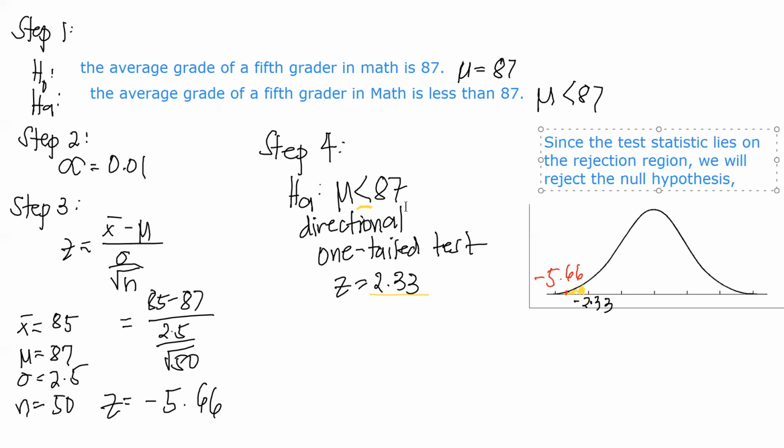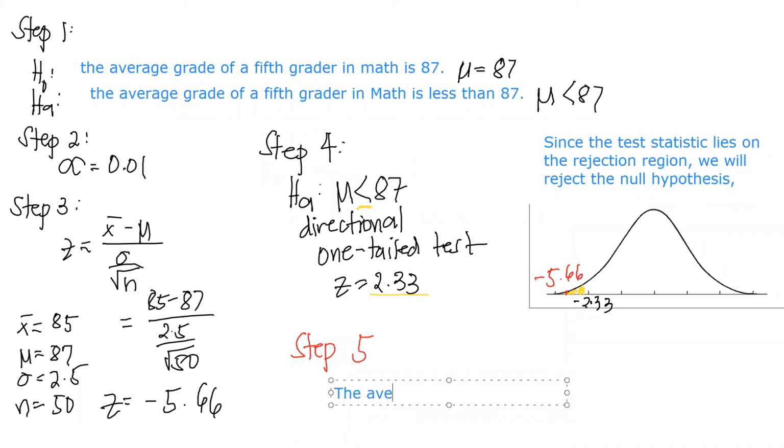Hence, let's proceed to step number 5. The average grade of a fifth grader in math is less than 87. So this is our process of how to test hypothesis in step number 3.